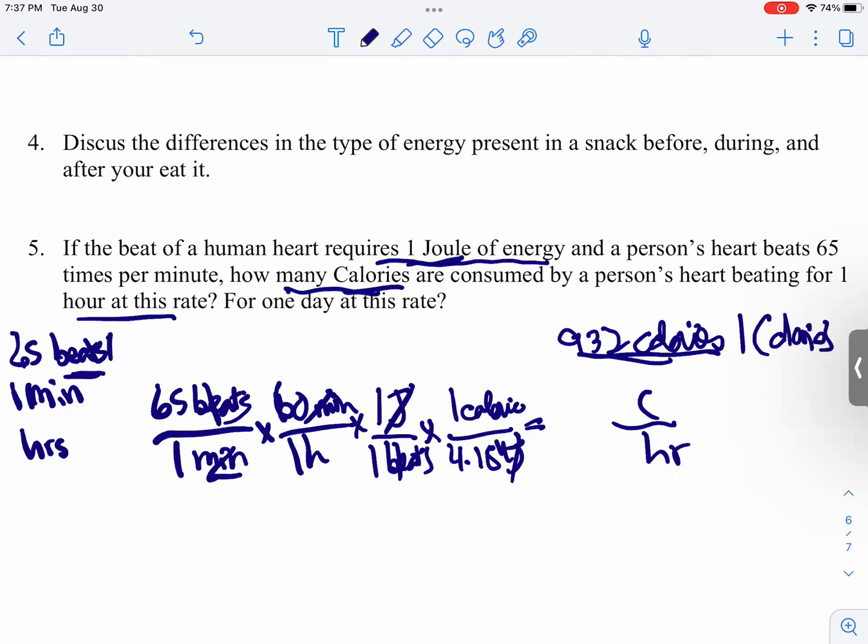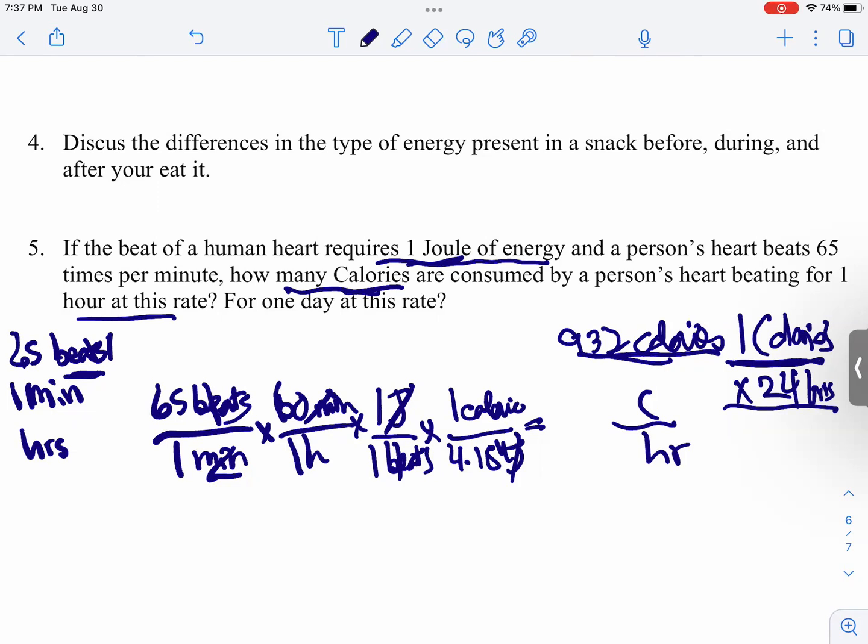So if we're talking about a 24-hour day, then you have to think that 1 of these uppercase calories is going to be multiplied by 24 hours, because that's what's happening in 1 hour.